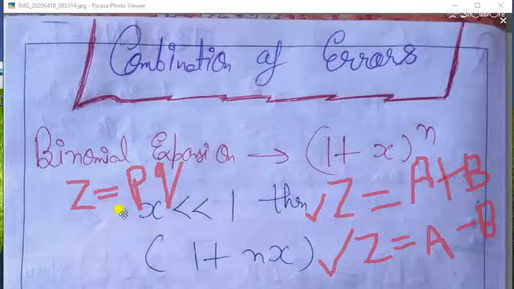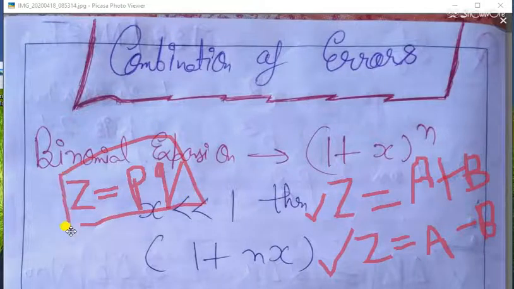So in this video we are discussing z is equal to pq, where z is obtained by multiplication of two quantities, or z is obtained by division of two quantities, that means p by q.